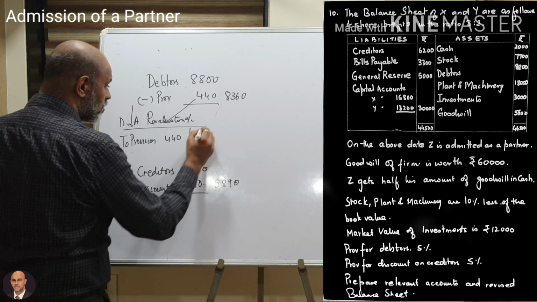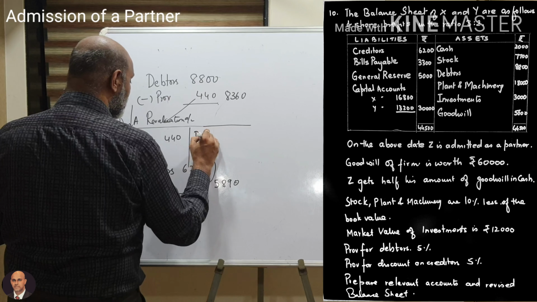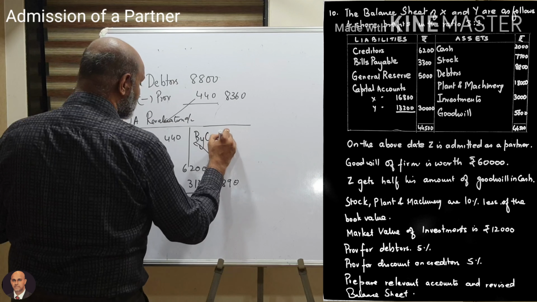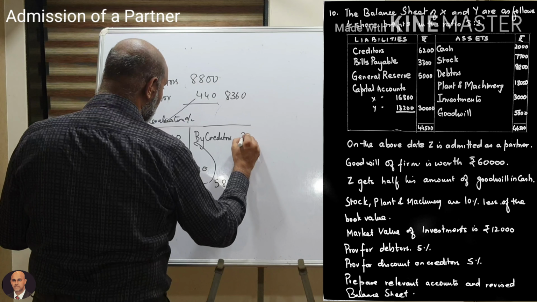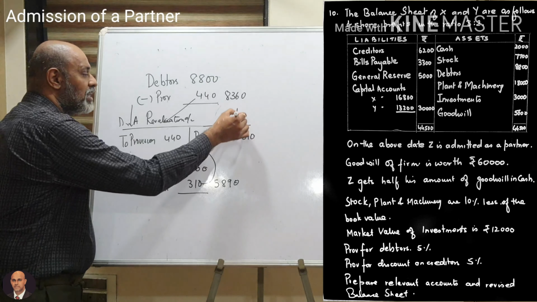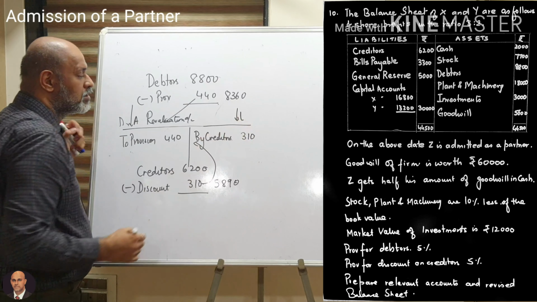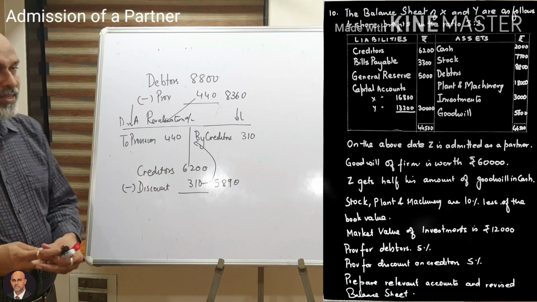So this amount of 310 will come on the credit side as by discount on creditors, 310. Okay, it's a profit for us. Why? The value of the liability is falling down. So that finishes with all the adjustments.